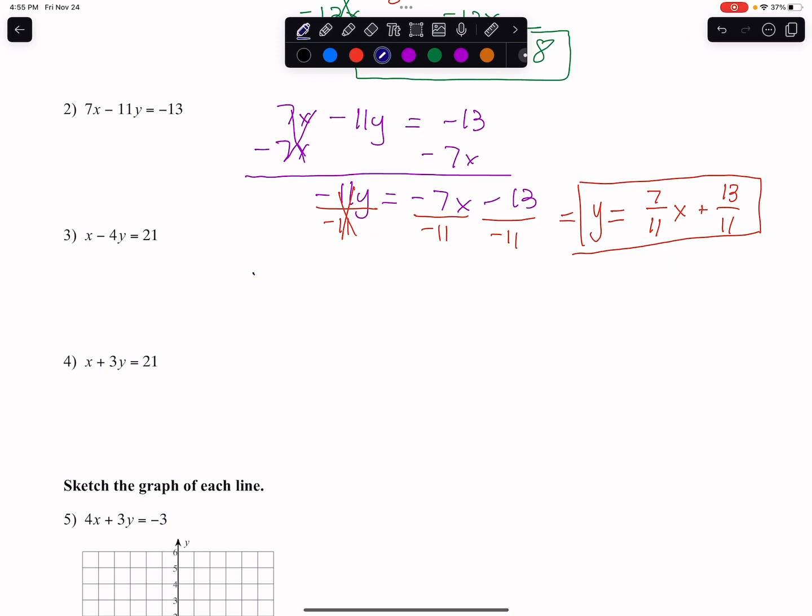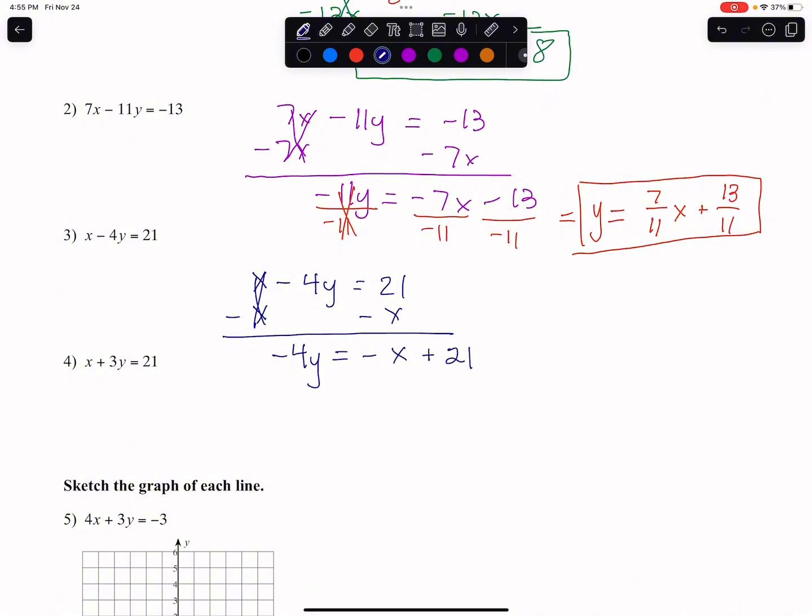So we got x minus 4y equals 21. Again, I got to get rid of my x. Since that's a positive x, I got to subtract x from both sides. Then I get -4y equals -x, and since that 21 is positive, I'm going to put plus 21.